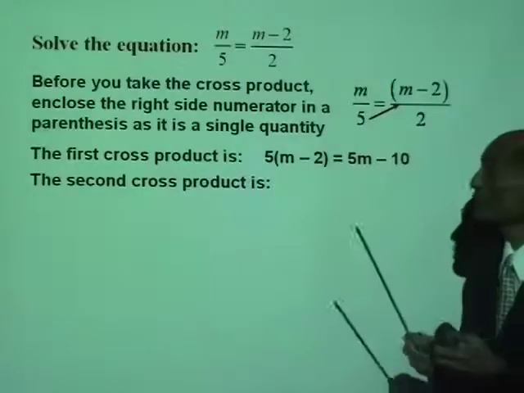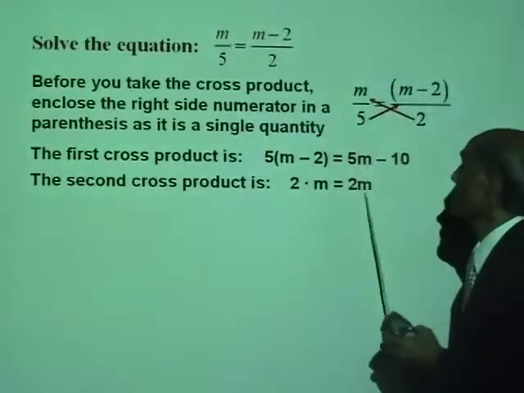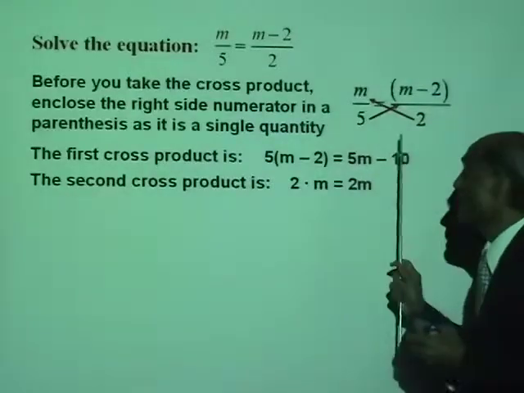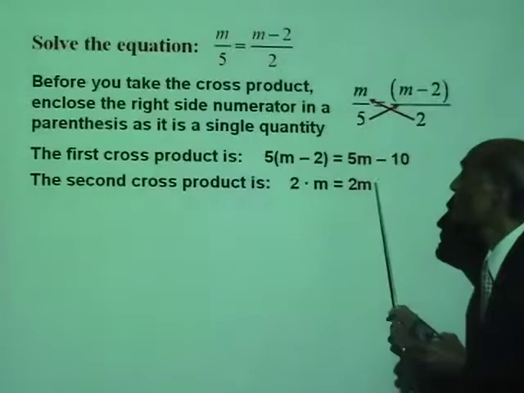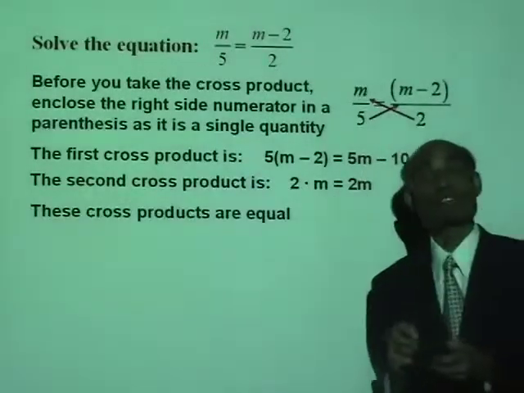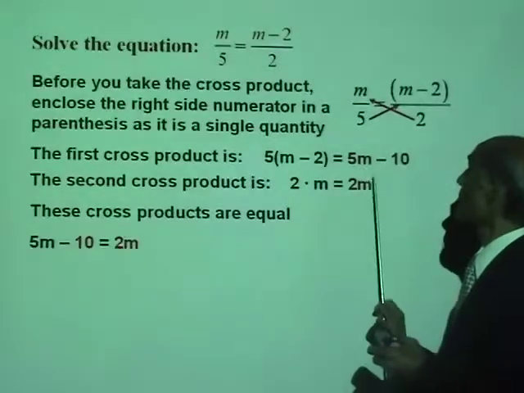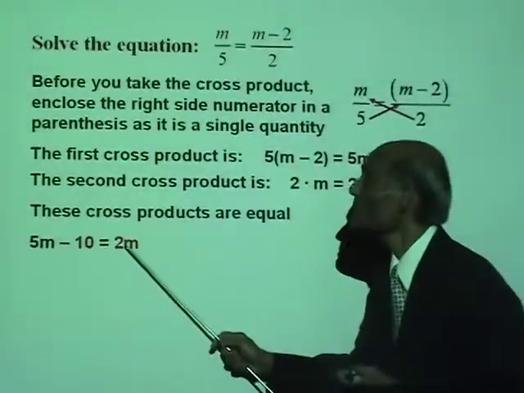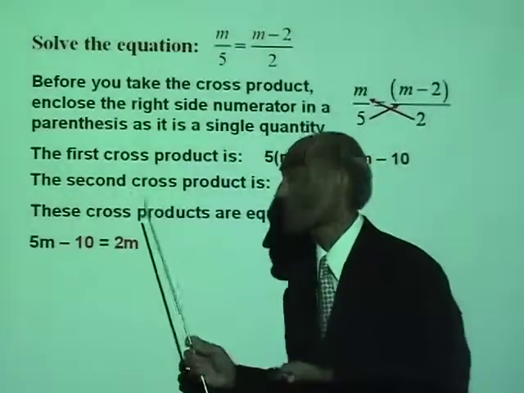What is the second cross product? Is 2 times m, that is 2m. And now the first cross product is equal to the second cross product. We can now form an equation. 5m minus 10 equal to 2m. And to solve it, what do we do?